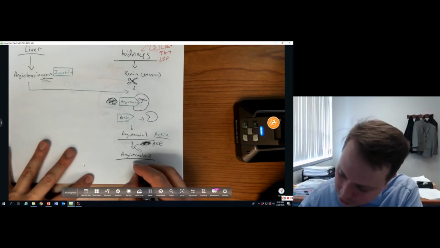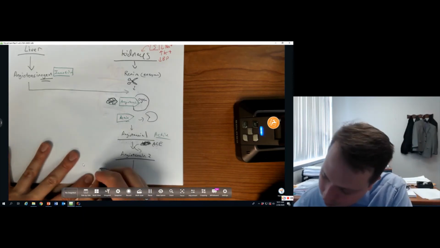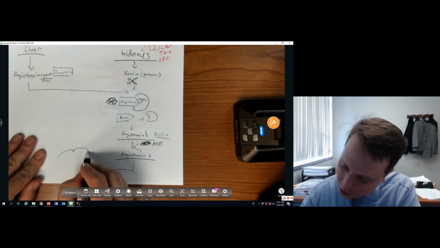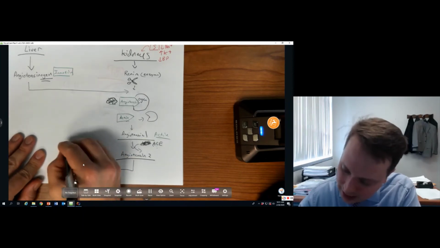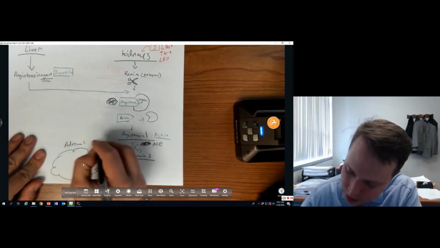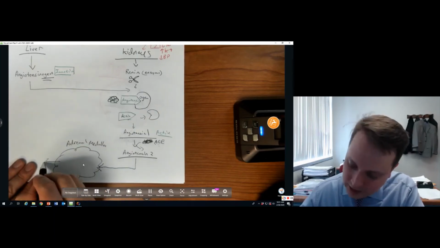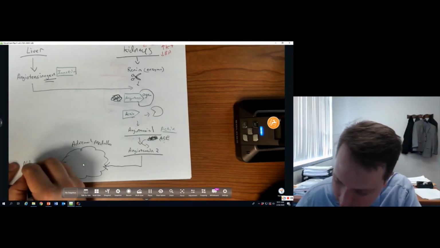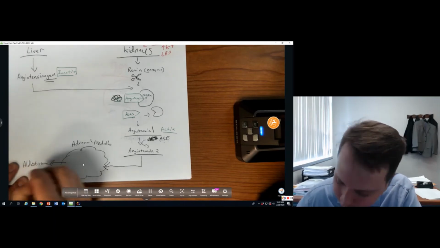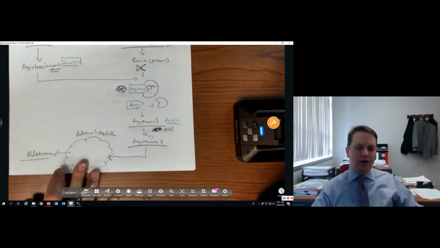Angiotensin 2 will go to a gland called the adrenal medulla and cause it to release aldosterone. Now, what does aldosterone do?